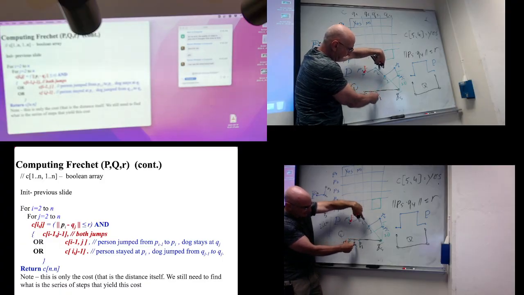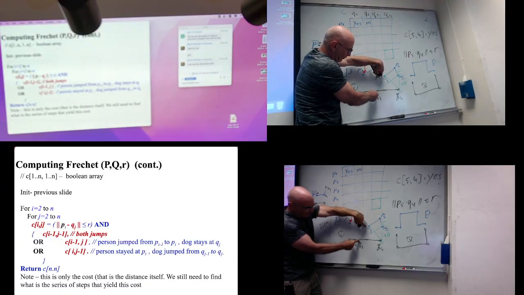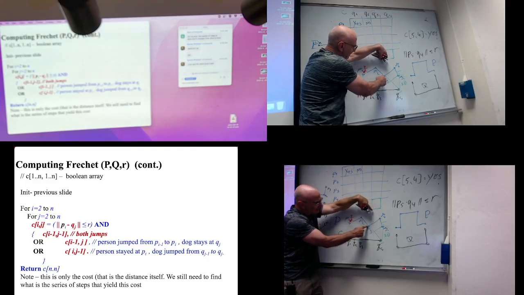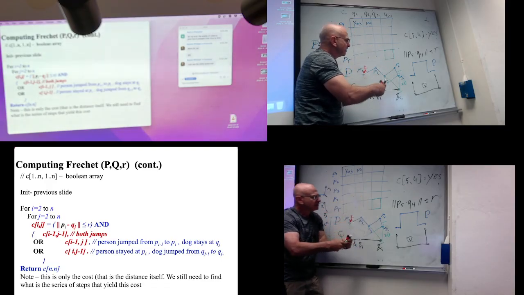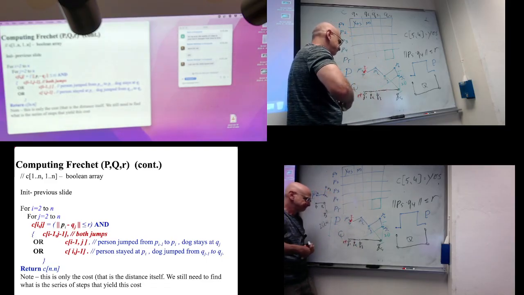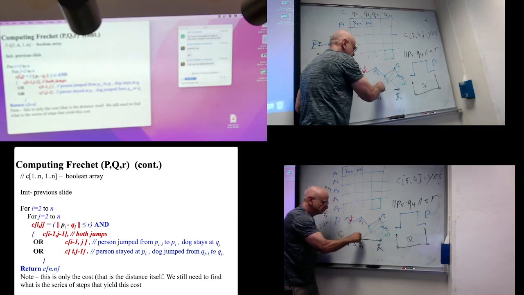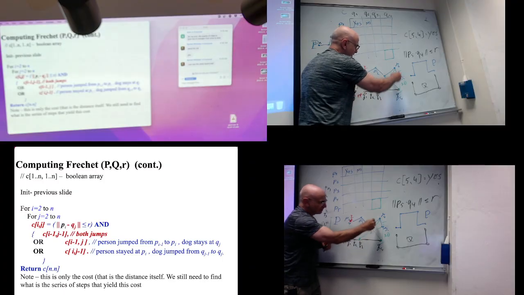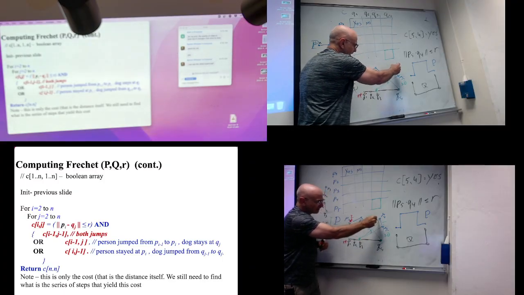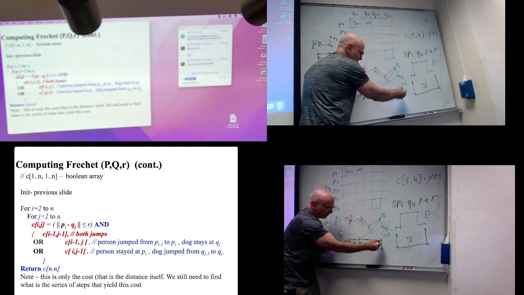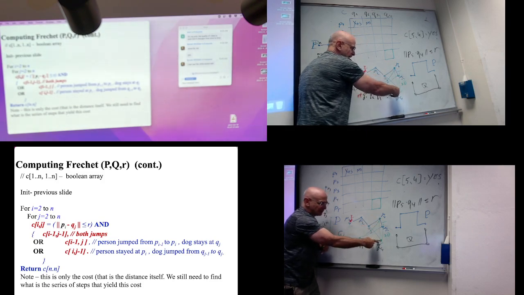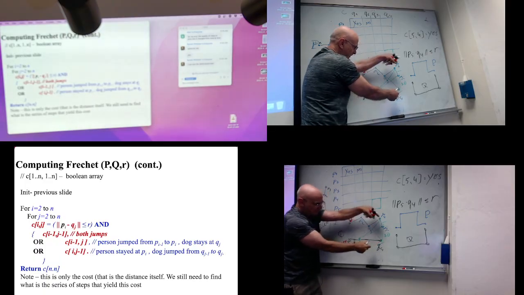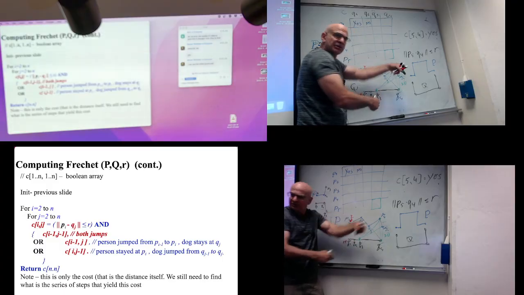Either the dog and the person are at P4, Q3, or they are at P4 and Q4, where the dog arrived earlier and then the man jumps, or the person was at P5 and the dog was at Q4.